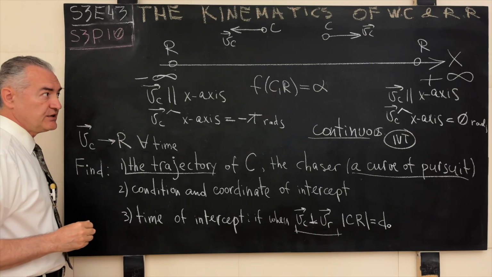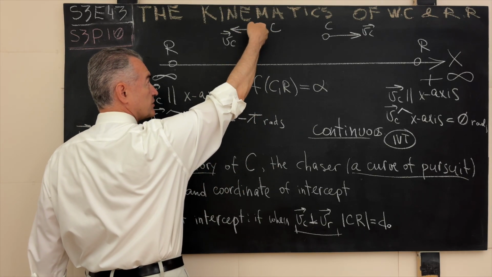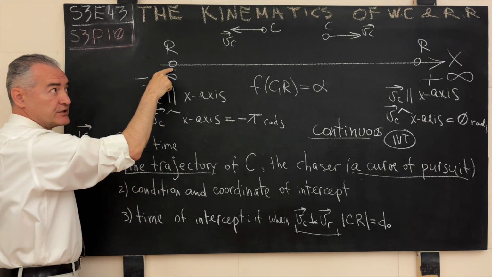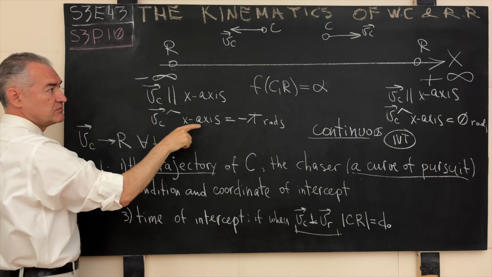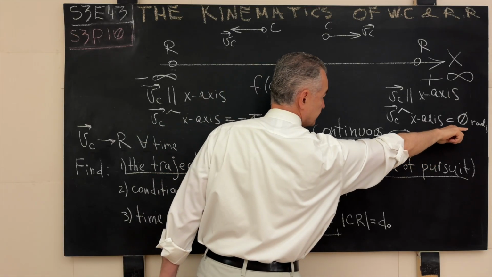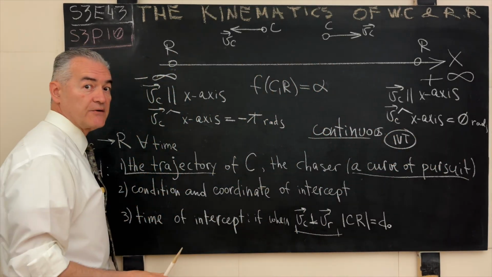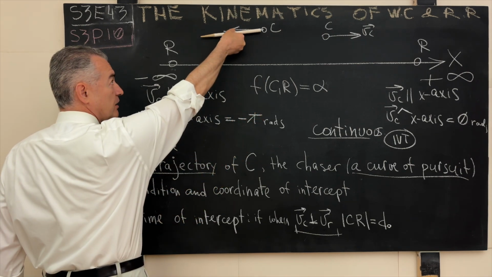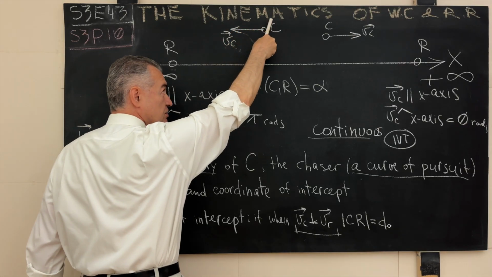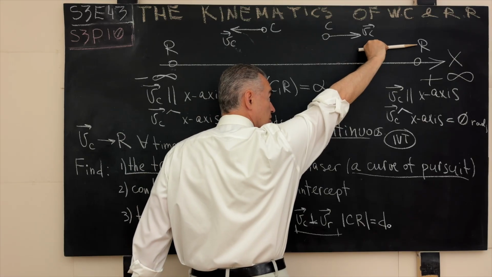If the function is continuous and our vector of the velocity of the chaser always points at the runner, then from its extreme value of plus minus pi to another extreme 0, this vector changes its position. Which way? Continuously. Somehow the point, of course, will be moving, but this vector will be changing its direction as C is moving, and eventually it will point this way.